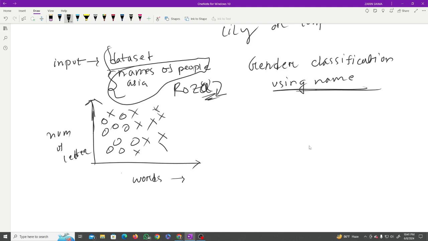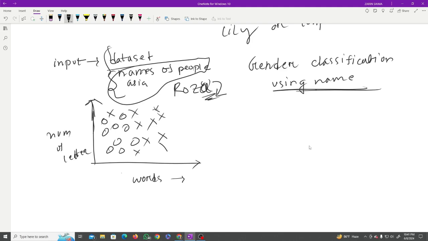It is giving you a decision line, also known as a threshold, if I'm correct. Yes. So this line differentiates between male and female.